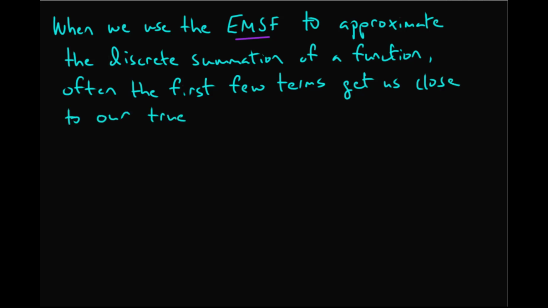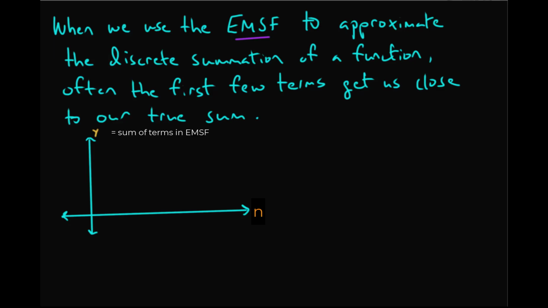So here's a visual representation of what that would look like. We can chart on the y-axis the sum of the terms in the Euler-Maclaurin summation formula, and I've labeled the abscissa of this graph n for the number of terms in the formula, not for the number that we're summing up to. And then there's some true value that the sum of the terms equals. I've labeled that s of x, and that can just be designated by this horizontal purple line.